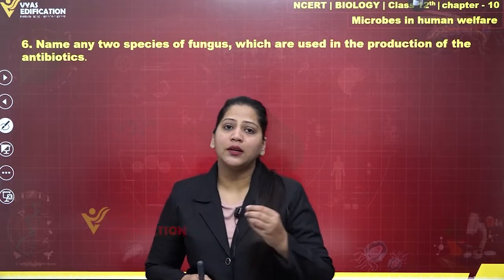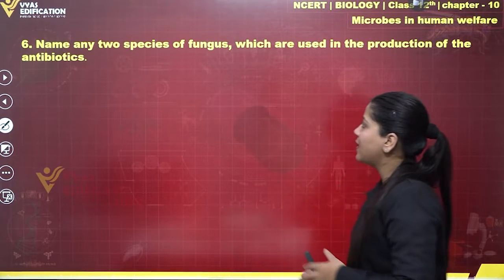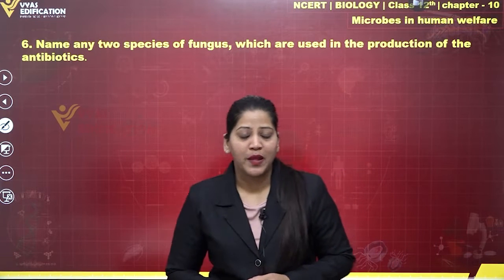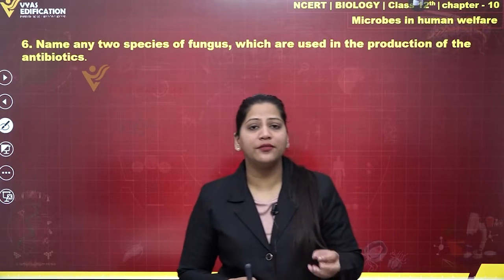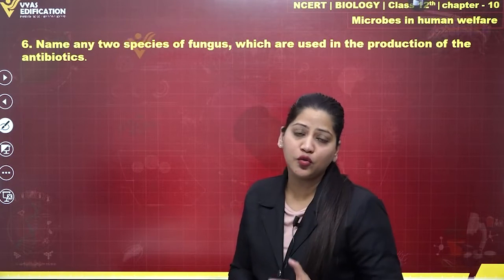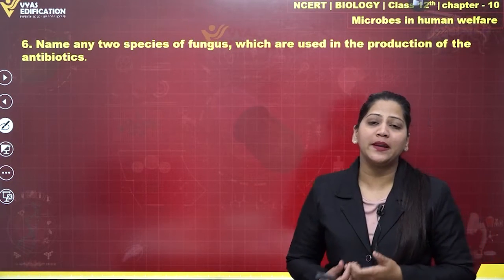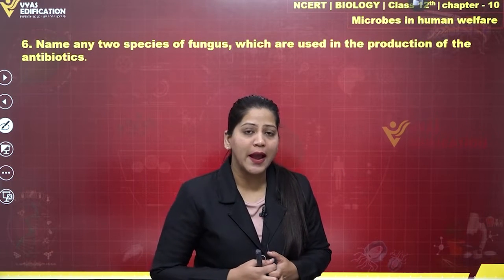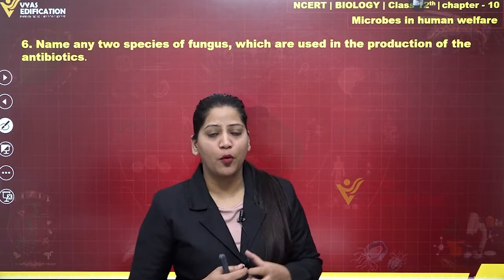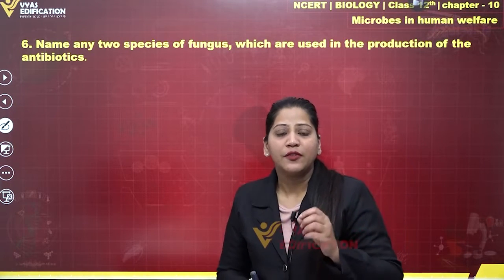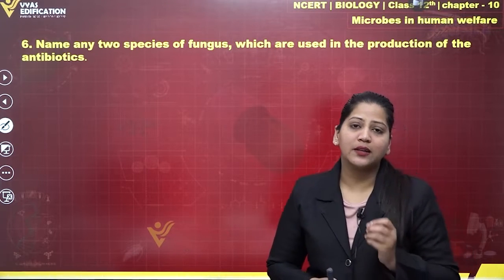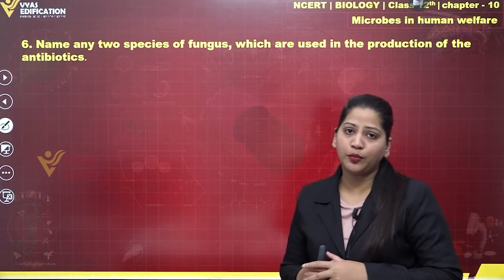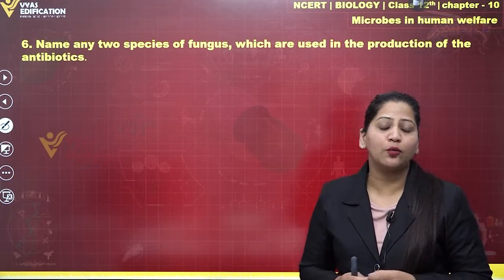Now the 2 common species of fungus used to produce antibiotics are Penicillium notatum, which is used to prepare the antibiotic penicillin, and Cephalosporium acremonium, which is used to produce the antibiotic known as cephalosporin. I hope you know what an antibiotic is.